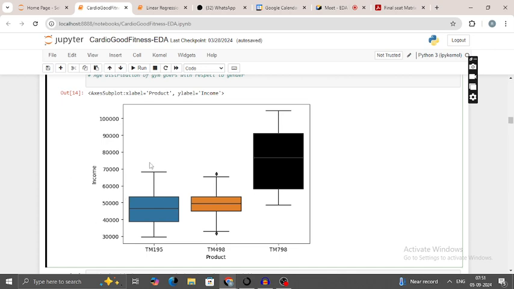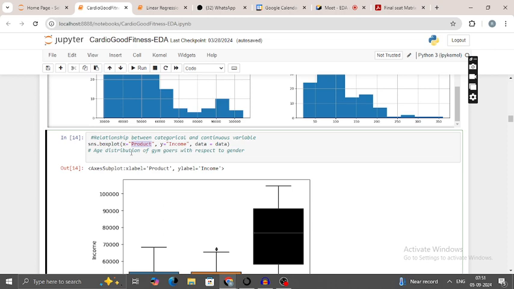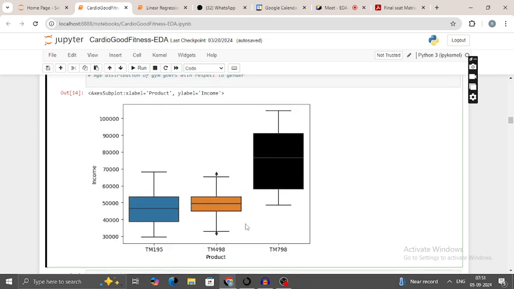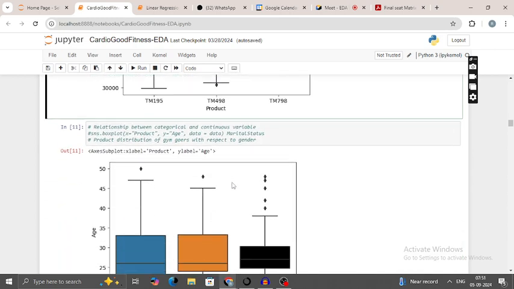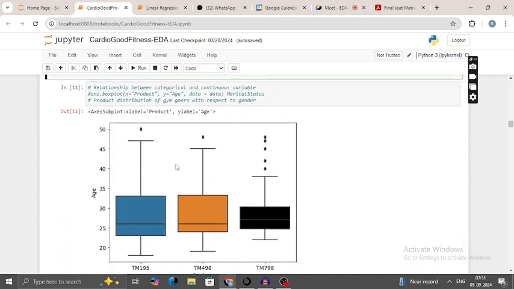People who were earning more, up to $1 lakh per year, look at this, they are preferring TM798. Maybe it offers some special features, I don't know. Okay, so you can segregate the things, and most of them are in this range, 60,000 to 90,000.